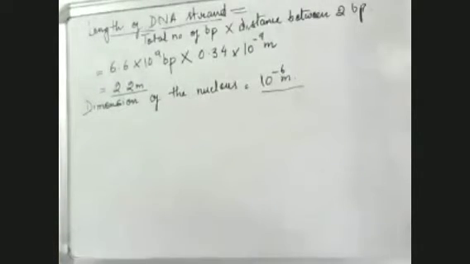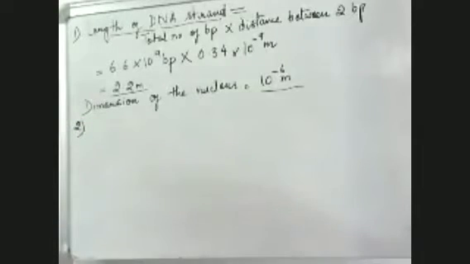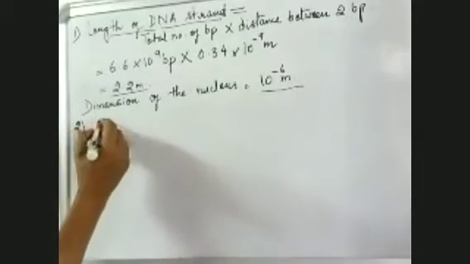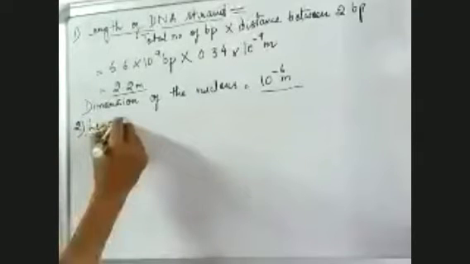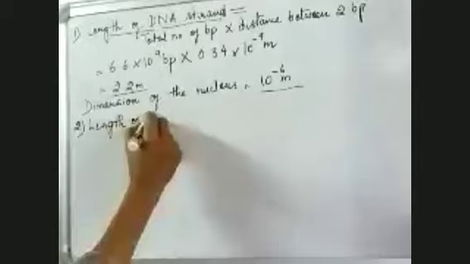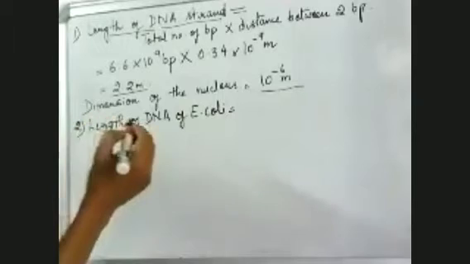Now, one more question which is given in your NCERT book. The length of DNA of E. coli is 1.36 mm.